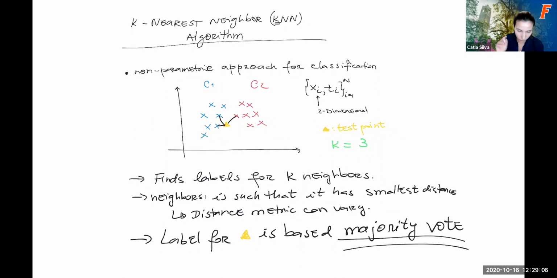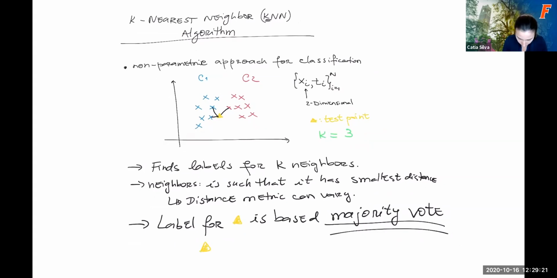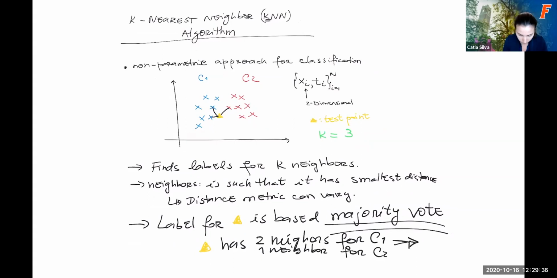So we find the k neighbors around that point, and then we decide the label based on majority vote. For this particular point, it has two neighbors from C1 and one neighbor from C2, so we decide that the triangle belongs to class C1.